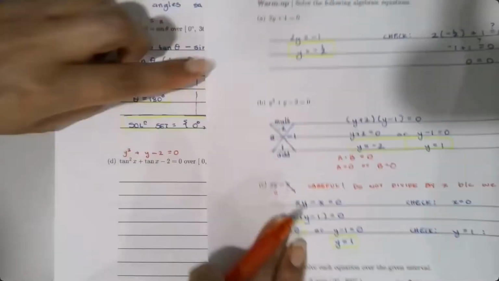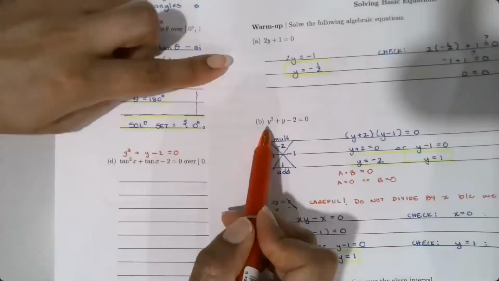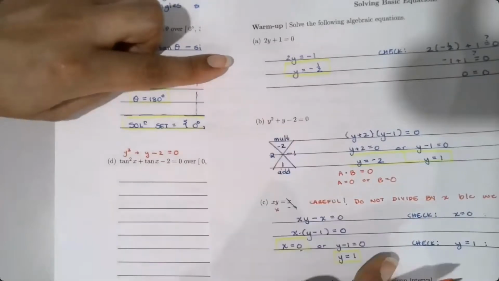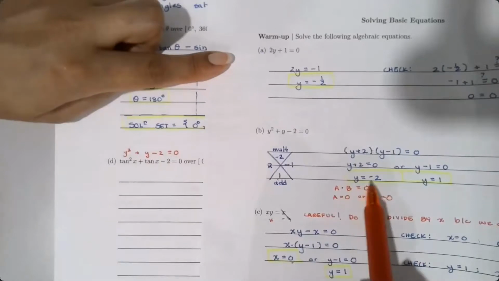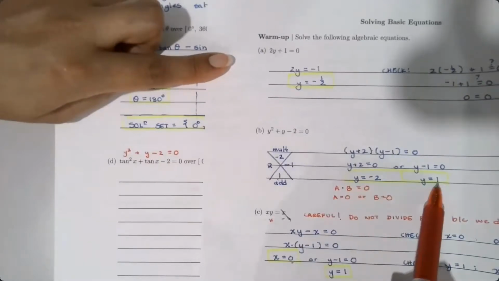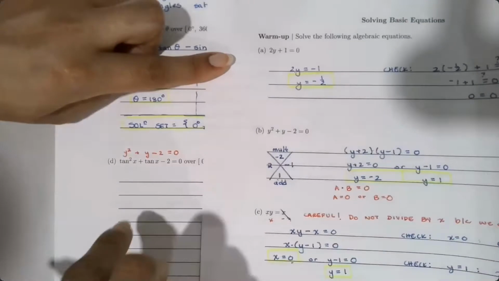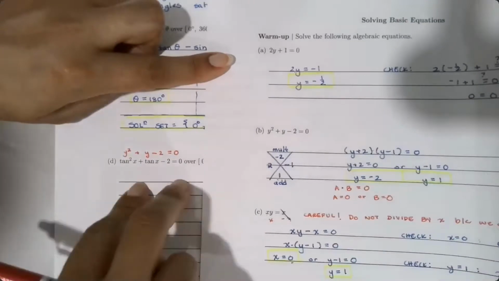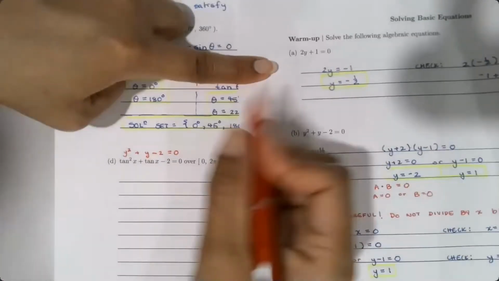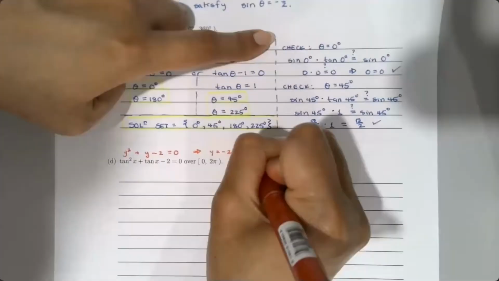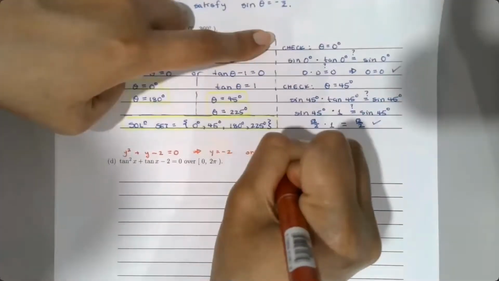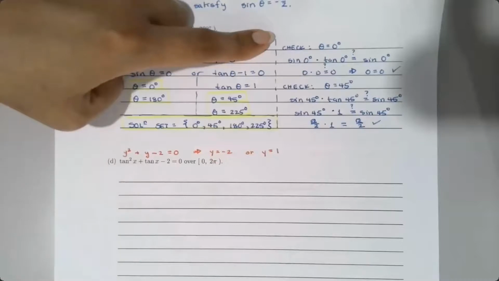In the warm-up, this was part B, y squared plus y minus 2 equals 0. And the answers that we got were y equals negative 2 and y is equal to 1. So I'm going to transfer over that work here. Okay. So this had answers y equals negative 2 or y equals 1. So that we don't redo all of the work. We've already done that.